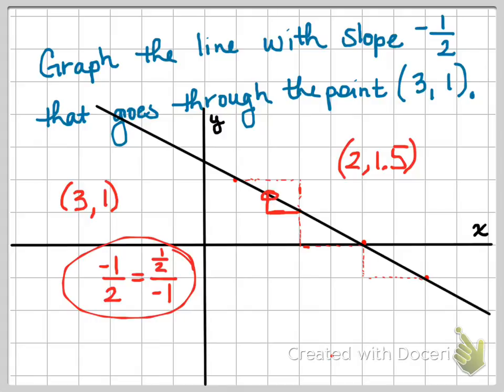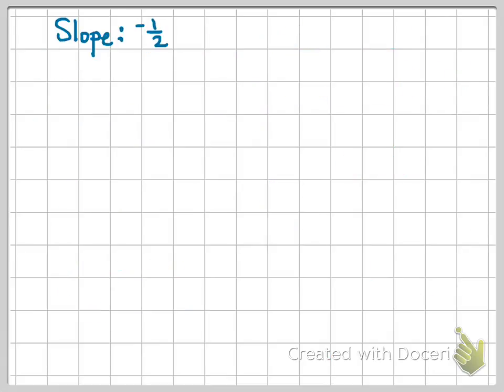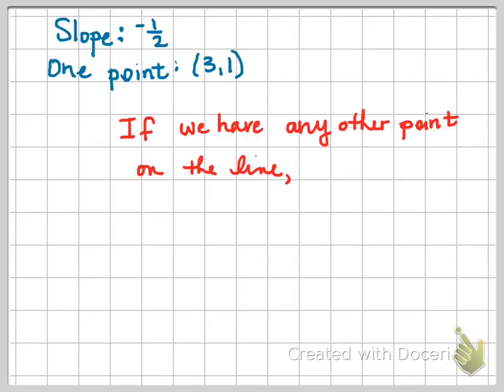Okay, so let's see what else. Let's also take the slope of -1/2 and the point 3, 1, and notice that if we have any other point on the line, let's say the point x, y is any other point on the line, then I know that if I do y minus 1 divided by x minus 3, I should get -1/2.